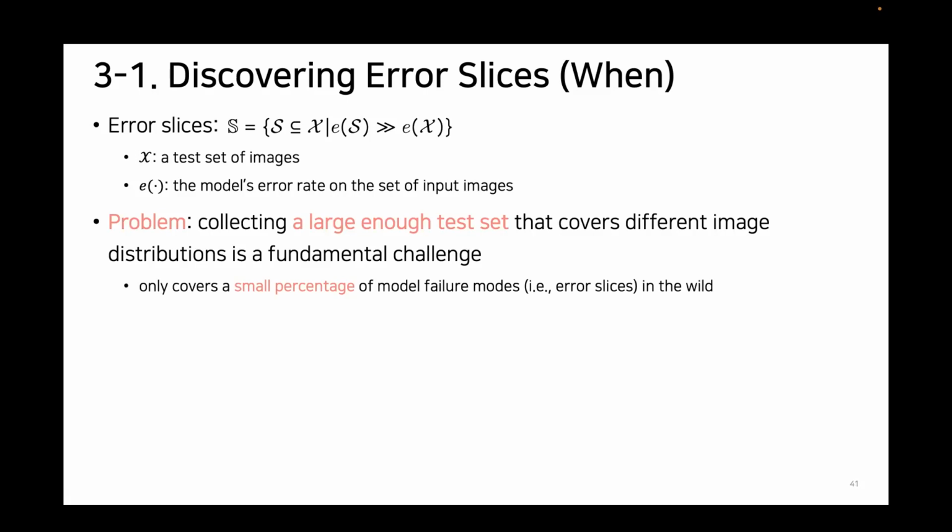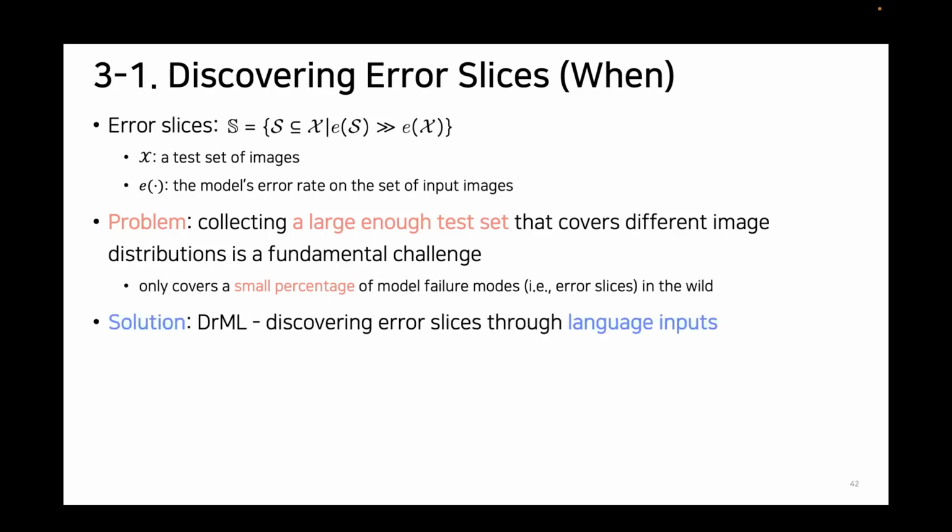So as I mentioned before, there is some problem that they need a large enough test data set that covers all of the data distribution, including some model failure of interest. So as a solution, they proposed Dr. ML, which is discovering error slices through language inputs.